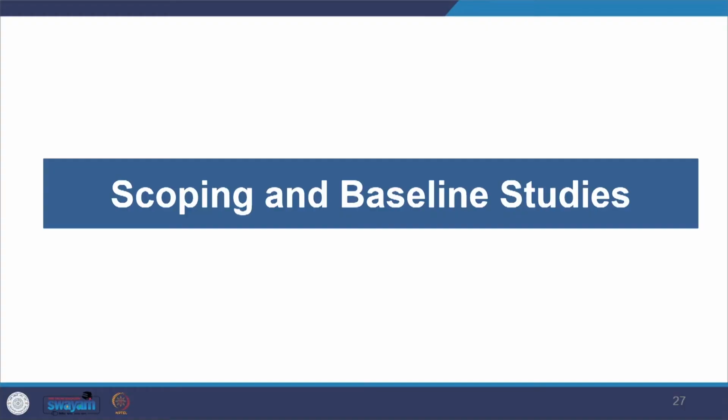So now moving on to scoping and baseline studies. In a transportation project, when you undertake EIA, while you're doing scoping, you're deciding how much you need to study, and you're also trying to assess the ground situation in the baseline study.